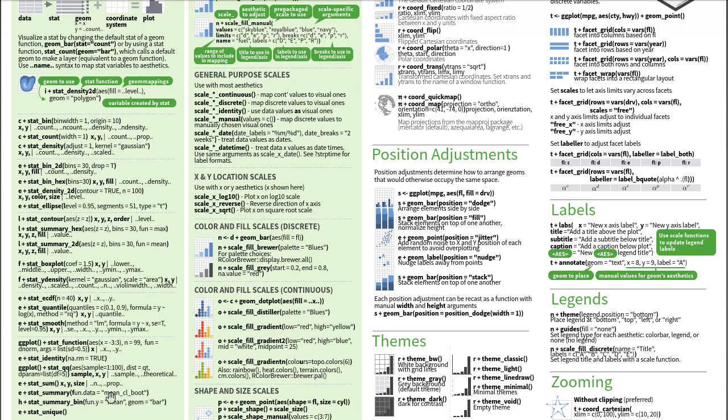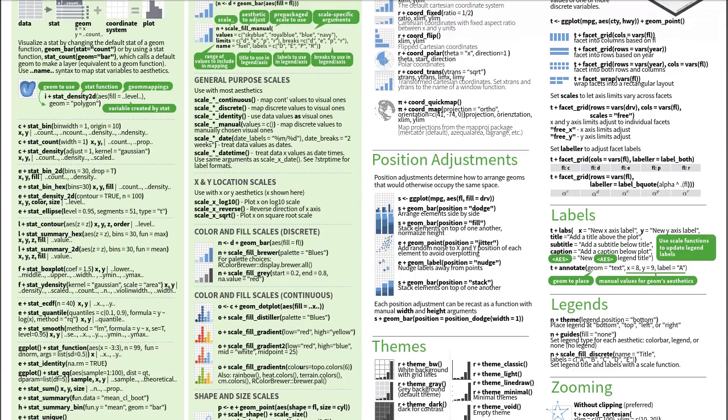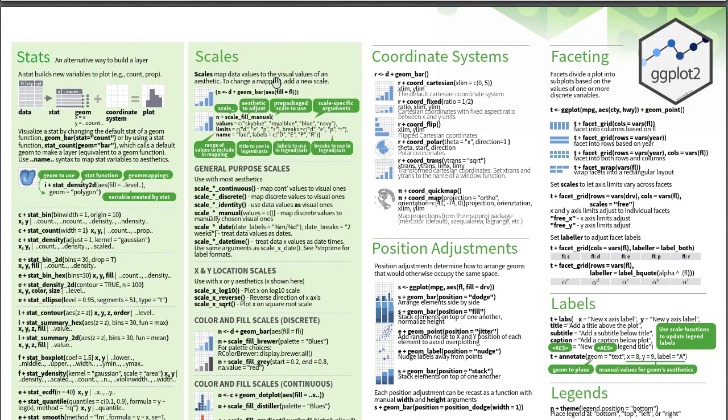Okay, and it shows you for each of these the most common types of arguments that you might want to set. But again, we can look online and we can see a whole lot more about each of these. So use this as sort of a first stopping point to narrow down what you need to look up and what you need to work with.